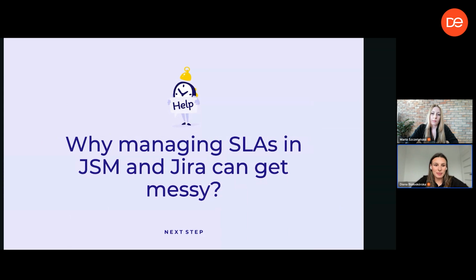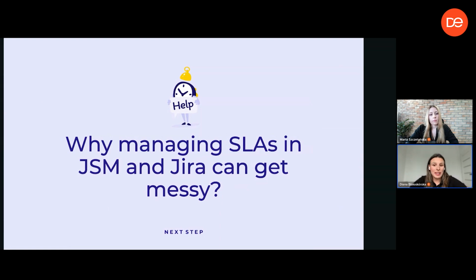And my first question for you, for me, and for everybody here is, why can managing SLAs in Jira and JSM get messy? In my opinion, in theory, it sounds pretty simple. In practice, things get complicated fast sometimes. Why?